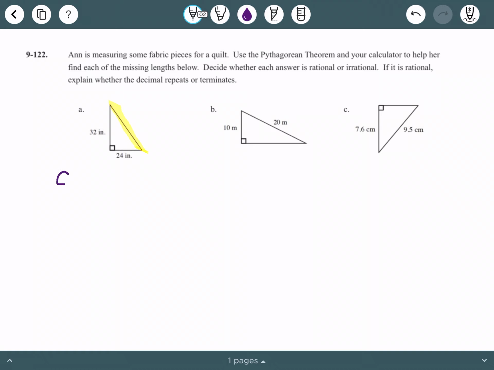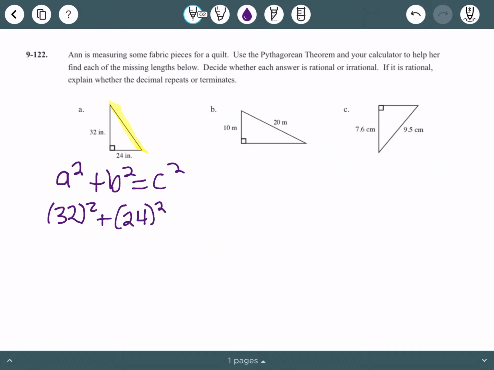And remember, the Pythagorean theorem is a squared plus b squared equals c squared. The legs, it doesn't matter which one I plug in for a, which one I plug in for b. So I'm going to do 32 squared plus 24 squared equals c squared.